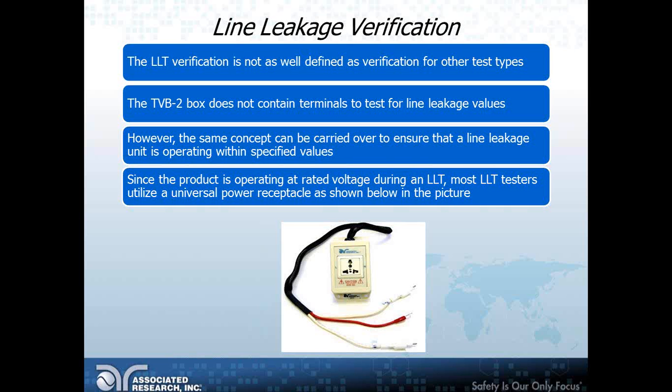If you look at this box, you'll see two white cords. One is for line, one is for neutral, and the red cable is for the ground connection. So a simple fixture can be made using this adapter box. Think of a standard plug which terminates into two separate resistor values, creating a line leakage verification test.